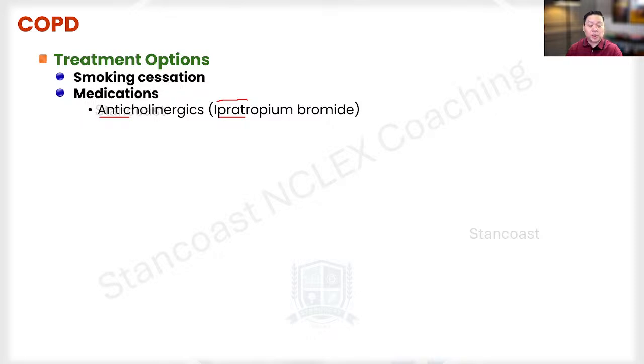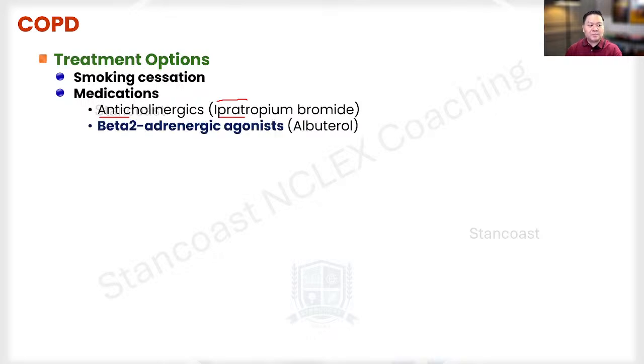The ipratropium bromide. Think about that. That is the anticholinergic that is going to be used together with the beta 2 agonists. Okay. And so the anticholinergic or the ipratropium are going to be used as well during severe symptoms.